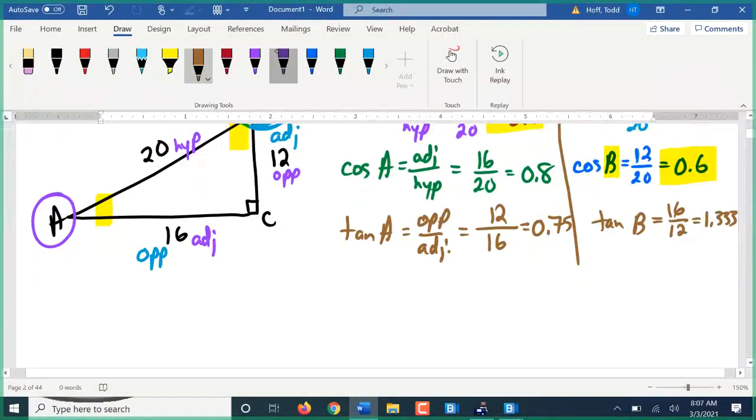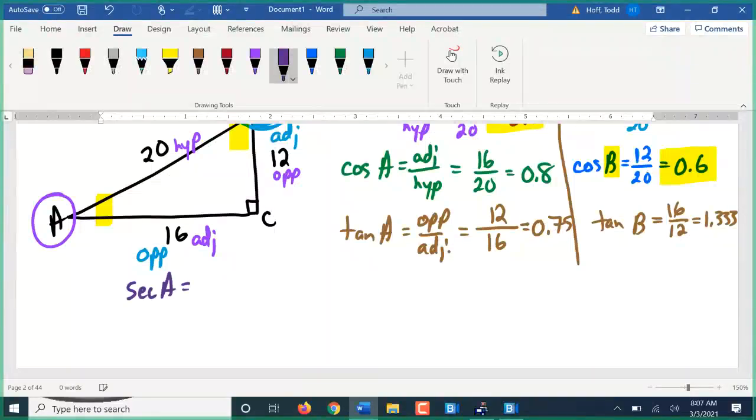Well, let's let the fun continue. Secant of angle A. Now remember, secant is hypotenuse over adjacent. The reciprocal of the cosine. The hypotenuse, according to angle A, of course, is always 20 in this triangle. What's the adjacent side according to angle A? 16, so 20 over 16, which is 1.25.